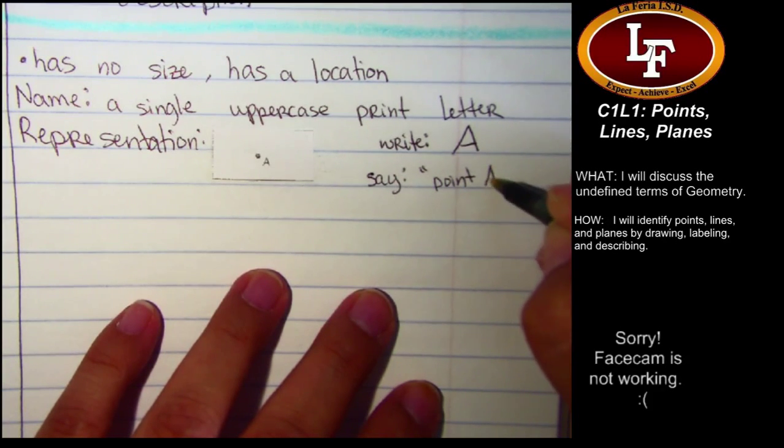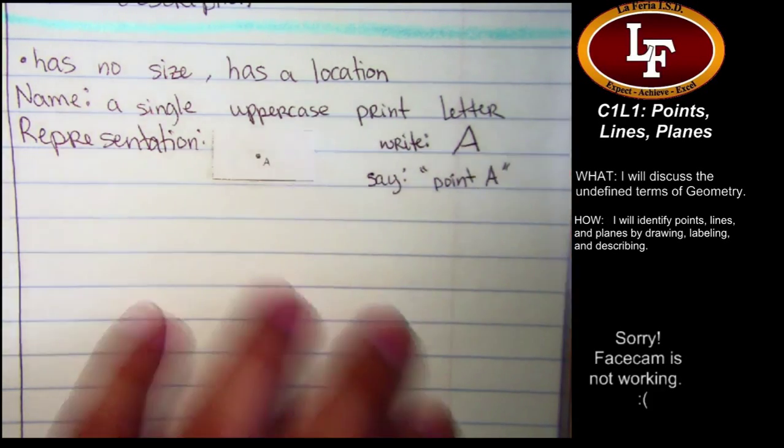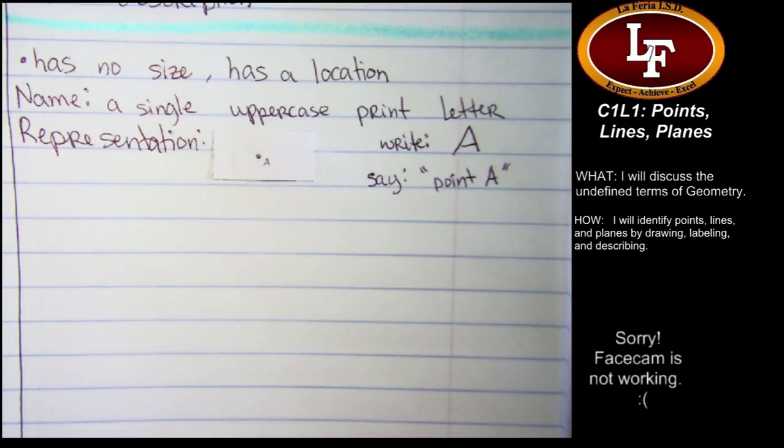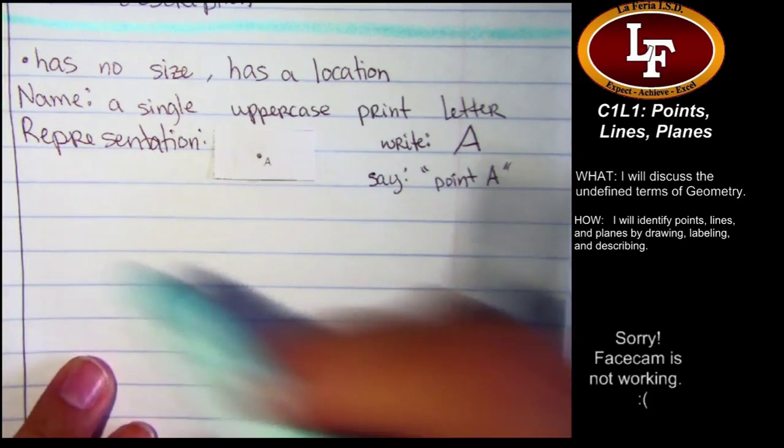Point, and then whatever letter you've named it. If you don't put the word point in front of it, you're not telling me the name of a point. You're just giving me a letter. Okay? You have to tell me that you're talking about a point.